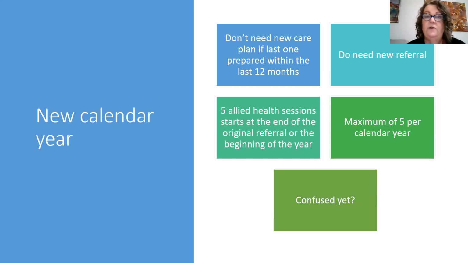They need a new referral to reactivate, like they need a review of their plan, they need a new referral to reactivate their sessions, but they're only ever entitled to 5 sessions in any calendar year. So if they've had 2 sessions from the last care plan in January and February, they only have 3 sessions left for 2021, even with a review. Confused yet?